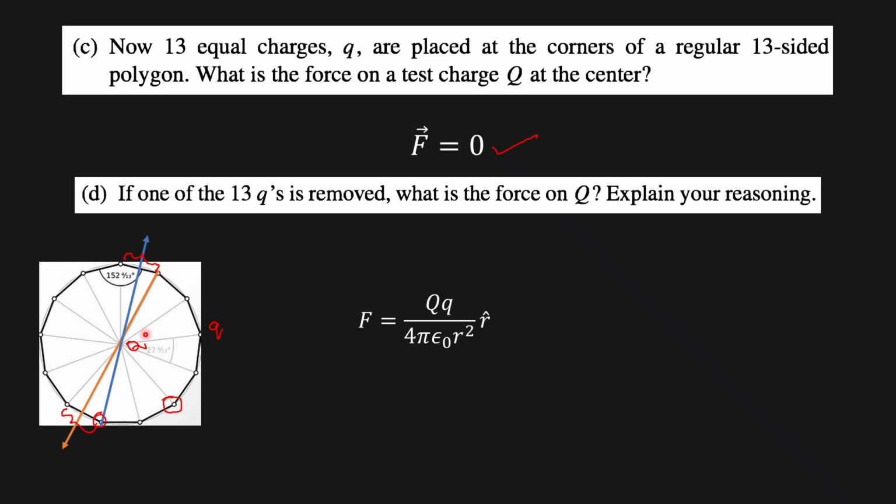There is no charge to compensate this Q. Only where I removed the charge, there is no compensating charge. So there will be a force between this charge Q and the test charge. So the force is equal to capital Q multiplied by small q over 4 pi epsilon naught r squared, r hat. So we have proved all four.